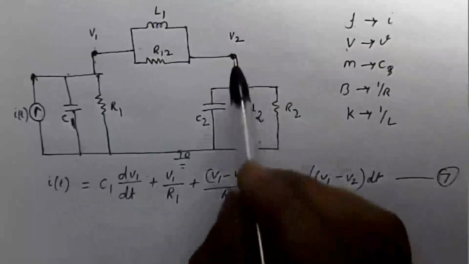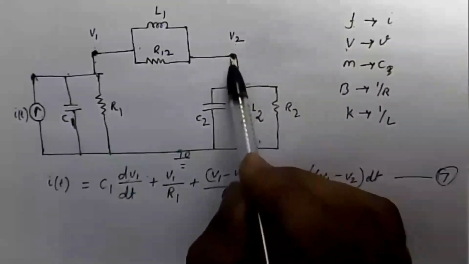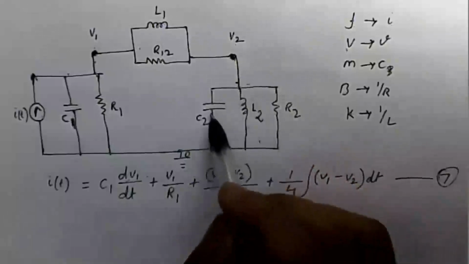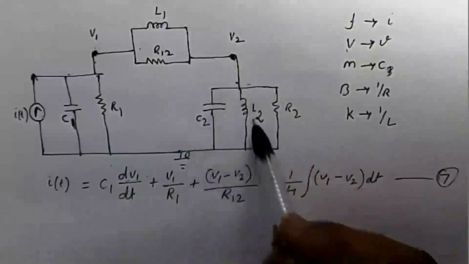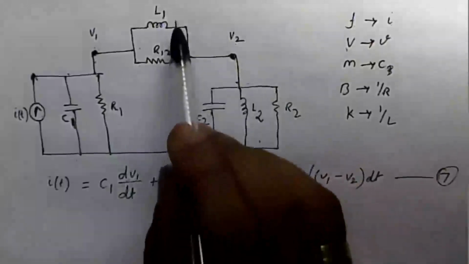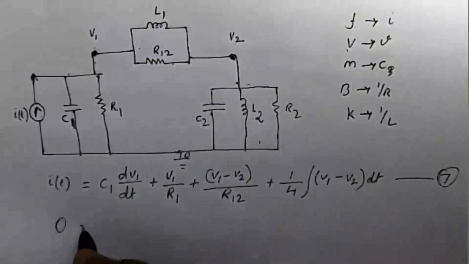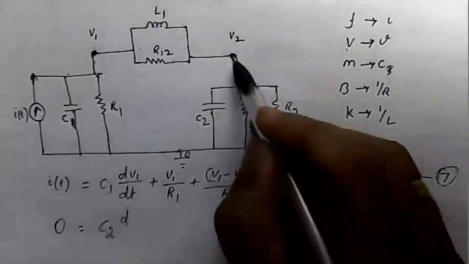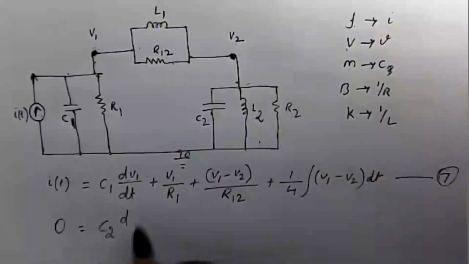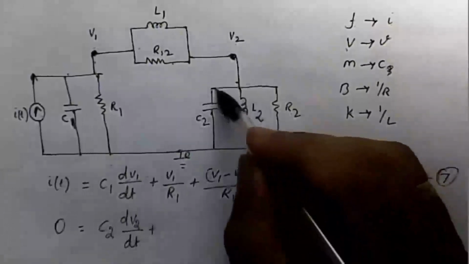Now write the node equation or current equation for this node V2. The elements connected to this node are C2, L2, R2, then R12 and L1. There is no source, so 0 is equal to C2 into d(V2 minus 0)/dt, the potential difference across these two points.